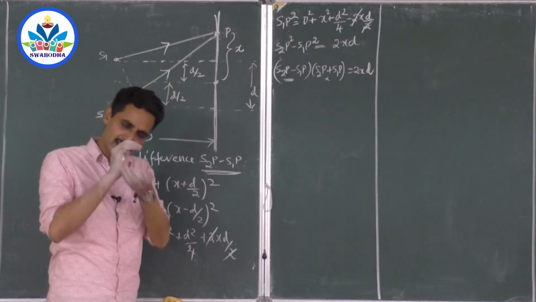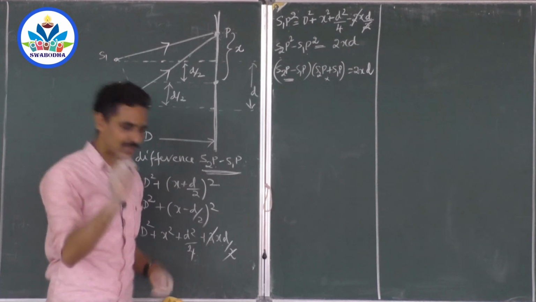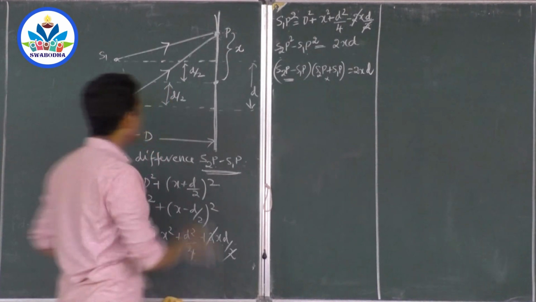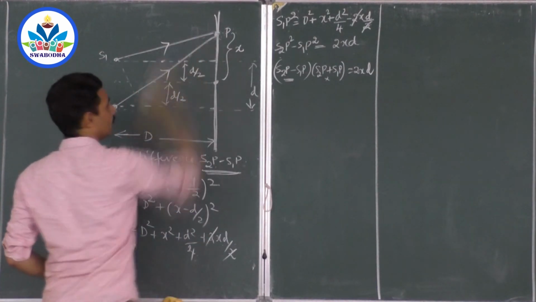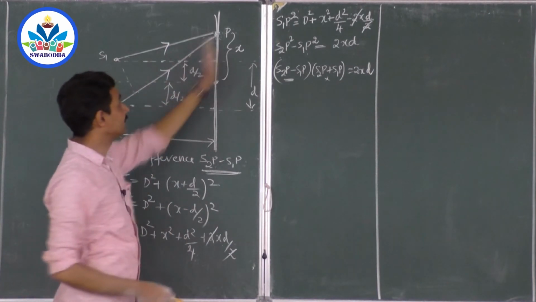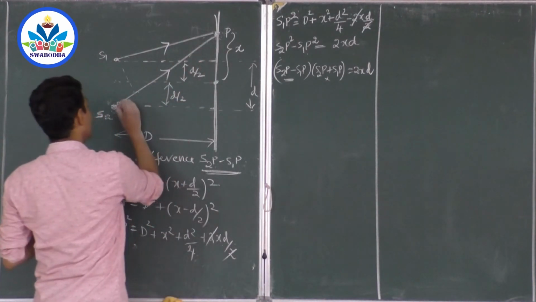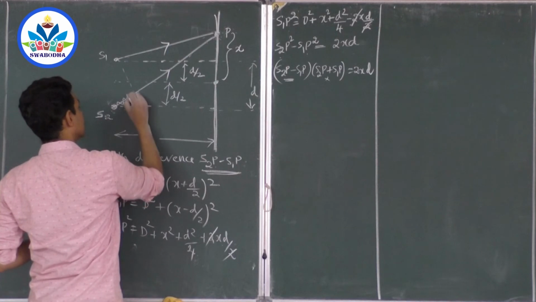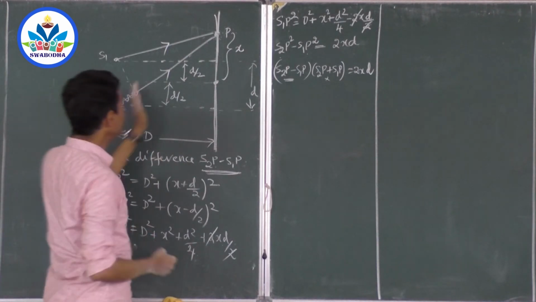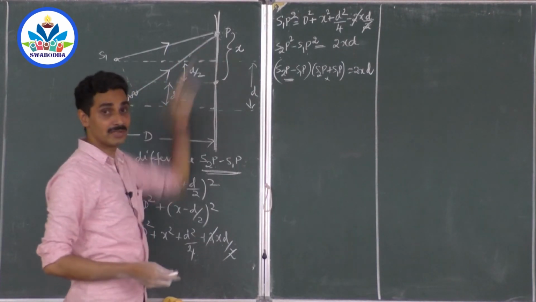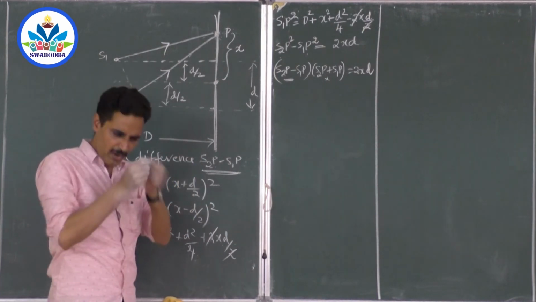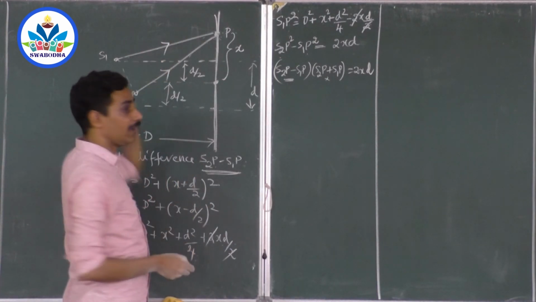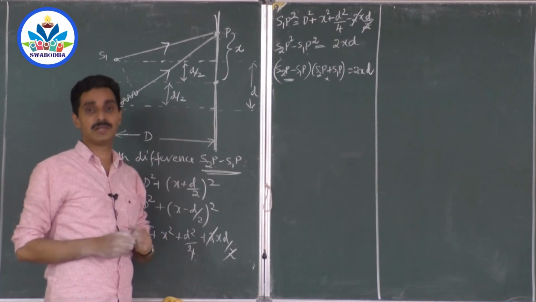If you take light as a small baby, its footsteps are in nanometers. How many nanometers will be required to cover this distance? So many nanometers. It's a small step, so that difference is very, very important now.